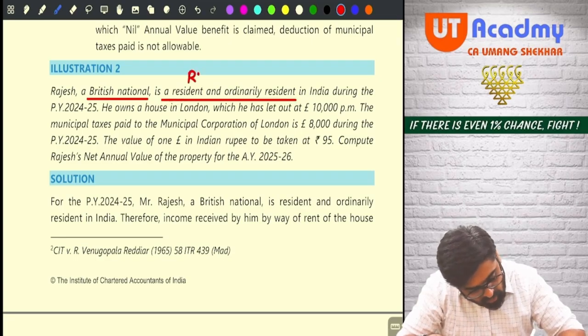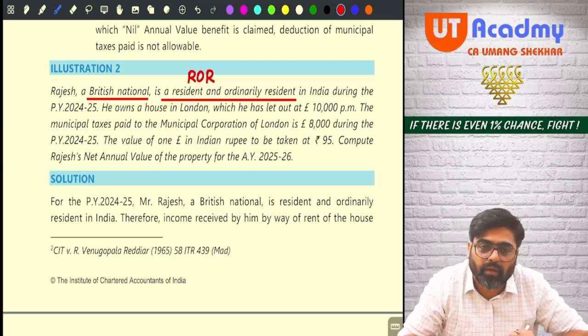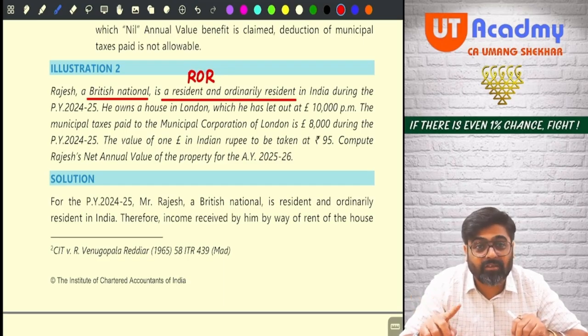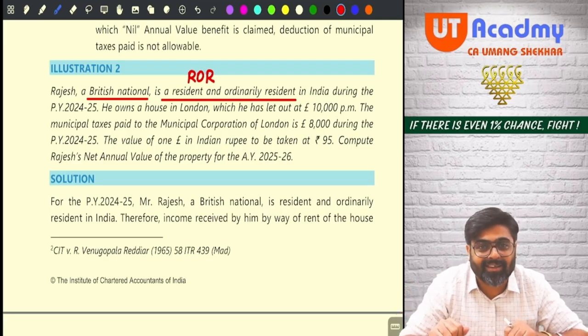How come he became ROR in India? Citizenship, domicile, nationality, designation has nothing to do with residential status. Your residential status purely depends on your stay in India. This Rajesh would have satisfied any one of two basic conditions of 6(1) and become resident, and he has not satisfied any of the two additional conditions of section 6(6). Hence, he has become ROR.